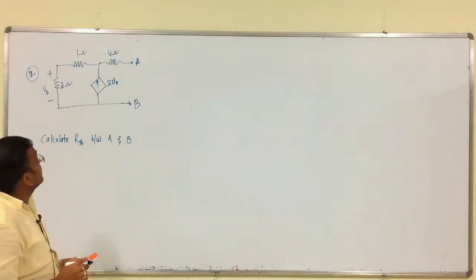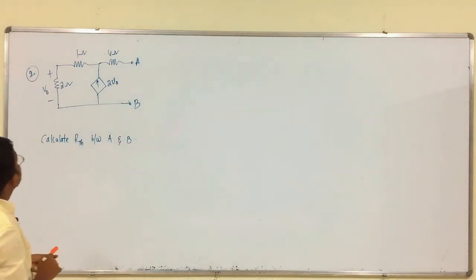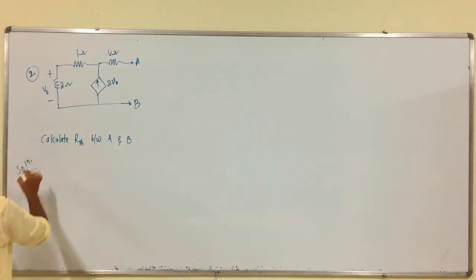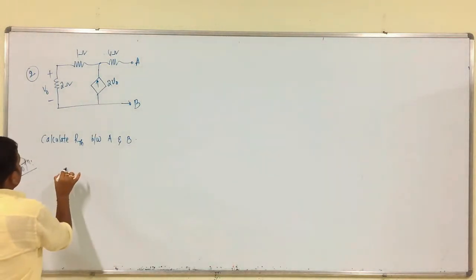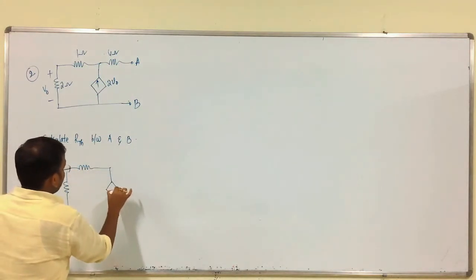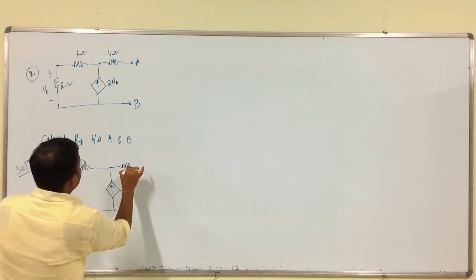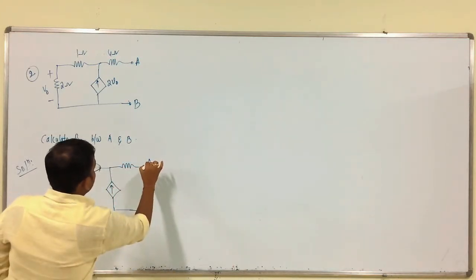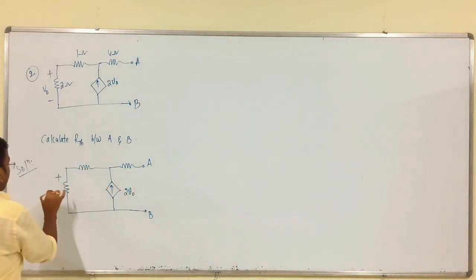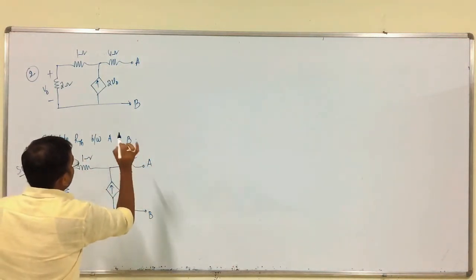The next problem is, so we have to calculate the RTH between this A and B. So, solution. This is A, this is B, this is 2 V naught, this is plus minus V naught, this is 1 ohm, this is 4 ohm, right.